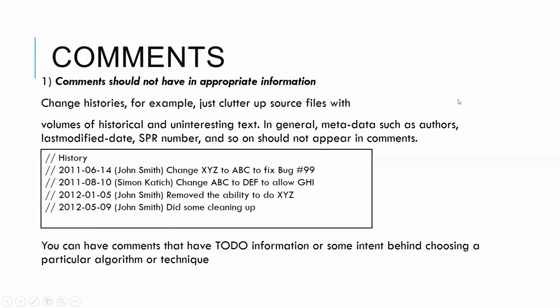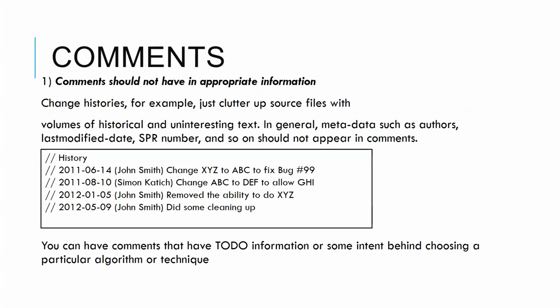My next tip to you is about comments. The comments should never have inappropriate information. One such information that is usually associated with comments is the change history, that is, who changed this. Some people tend to write or maintain history about who changed what in the code.